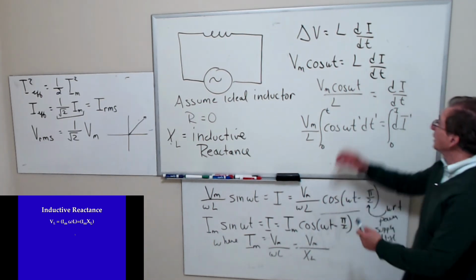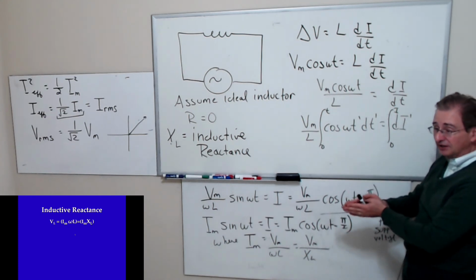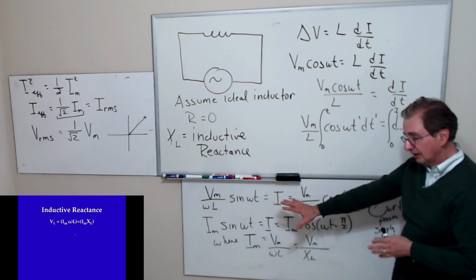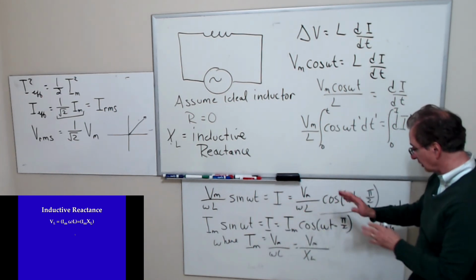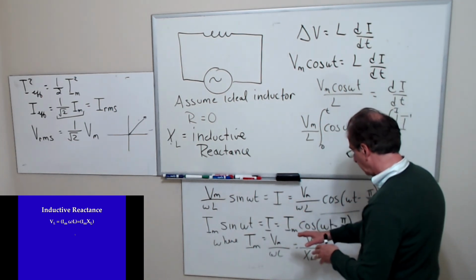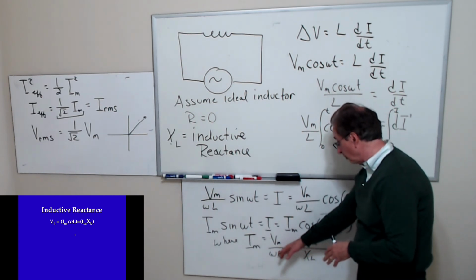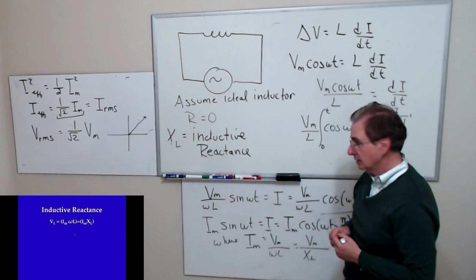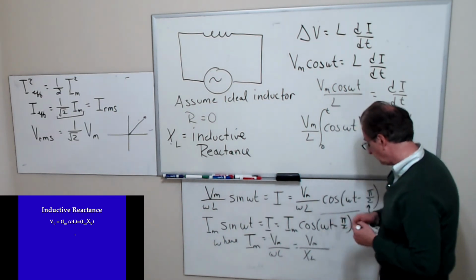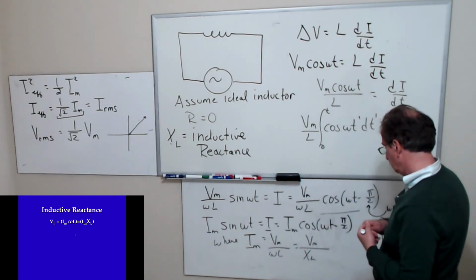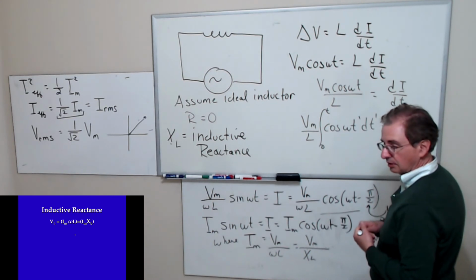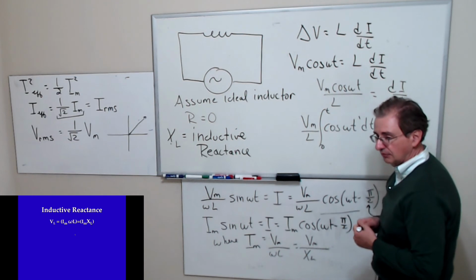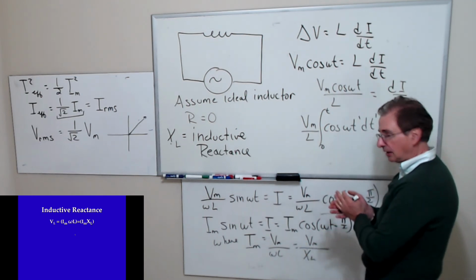Instead of writing it as L di/dt, you can just write it as I times omega L. We're trying to make it look like Ohm's law. So omega times L we call the inductive reactance, and the maximum voltage across the inductor is just I max times X sub L.